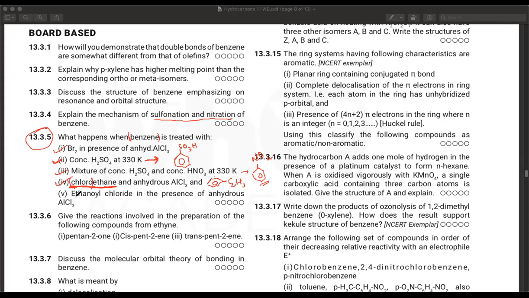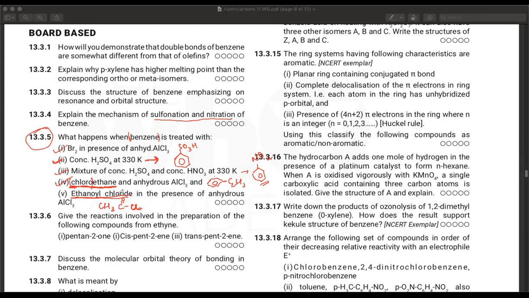Then ethanoyl chloride. Because you have not come across this, acyl chlorides are usually called alkanoyl chloride. So ethanoyl chloride is basically CH3 C double bond O and Cl. Can you relate this to being an aldehyde or a ketone, because it has an oxygen with it?